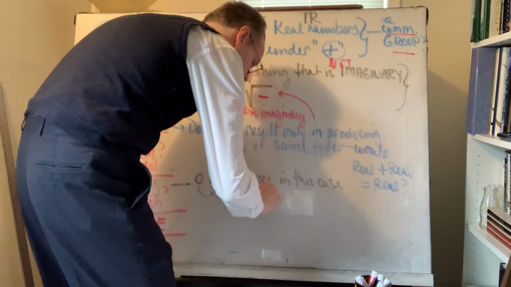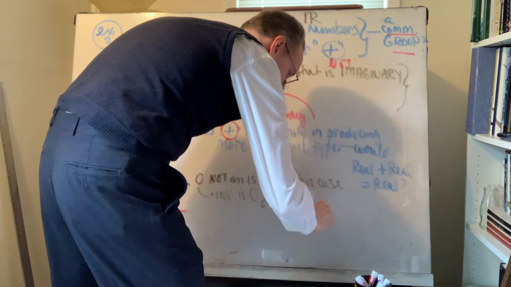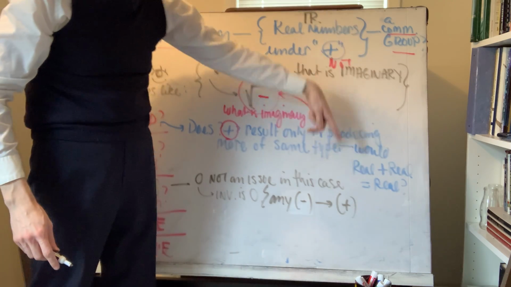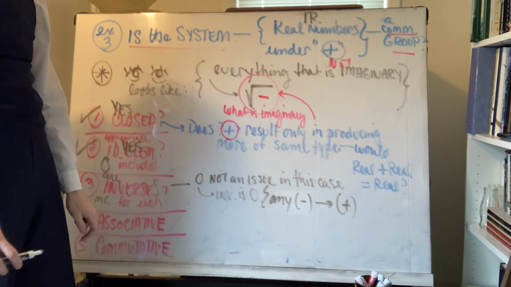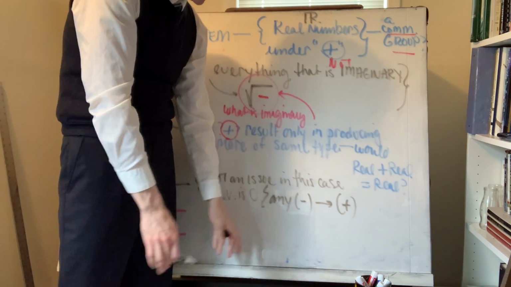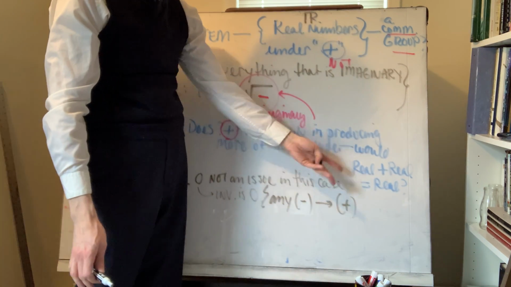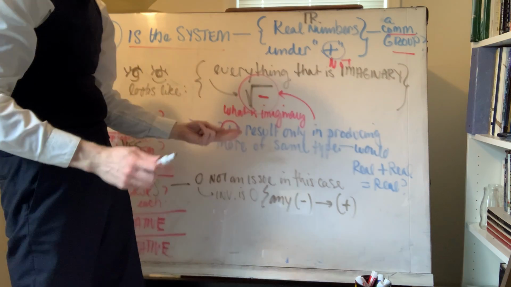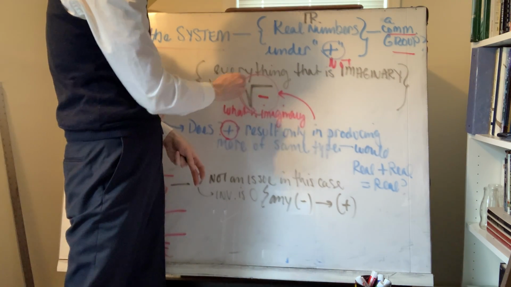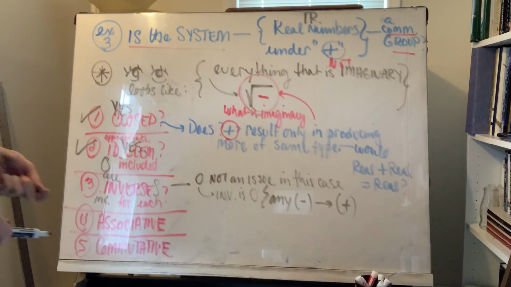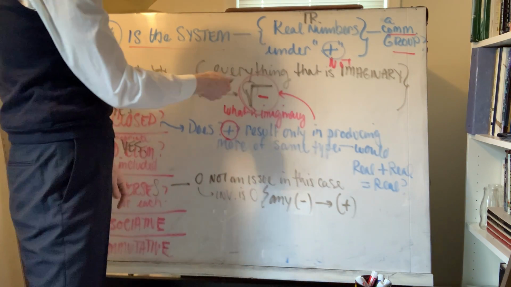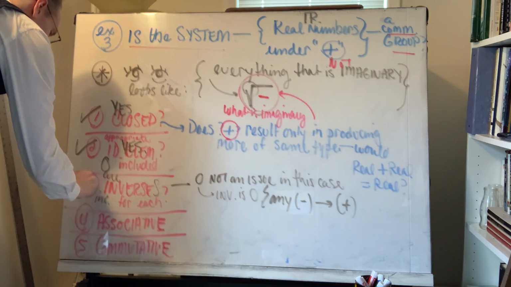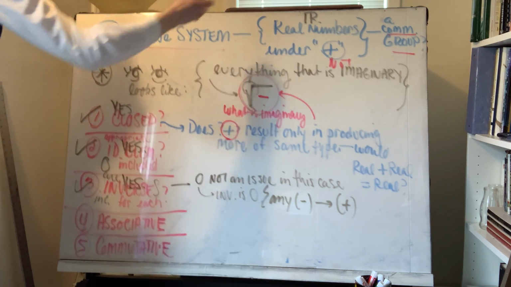Anything negative, the inverse would just be the positive incarnation of that. By definition, real numbers include the integers, the whole numbers that are negative and positive, and also the rational numbers, that is anything that can be a fraction. So if you had a fraction that happened to have a negative sign on it, it would still qualify as being real. Again, the only instance you really have to look out for would be a square root of a negative. Or in theory, the square root of something negative with an even index, but that's not going to be an issue. Okay, so you would say yes, all of the inverses, in theory, would exist for real numbers.